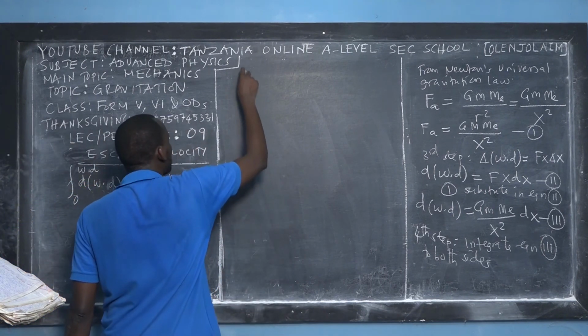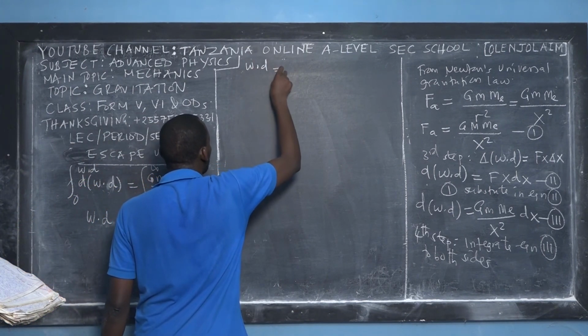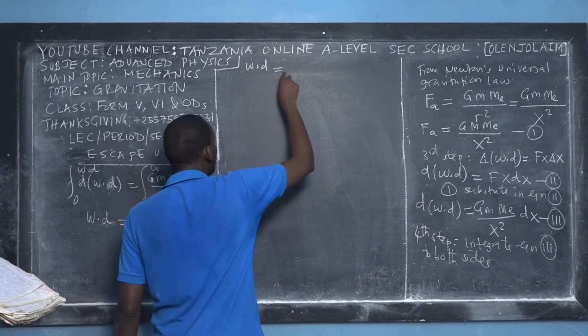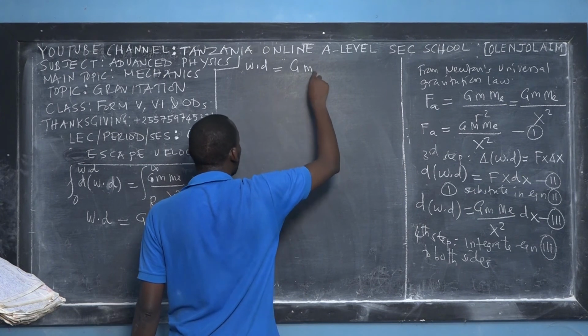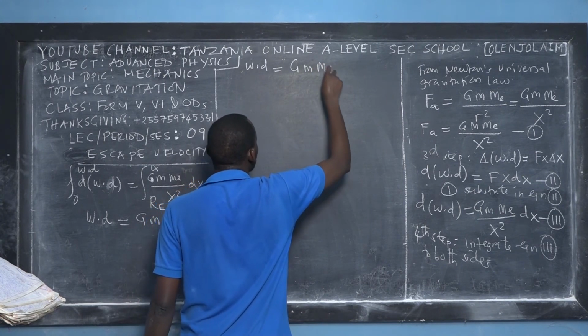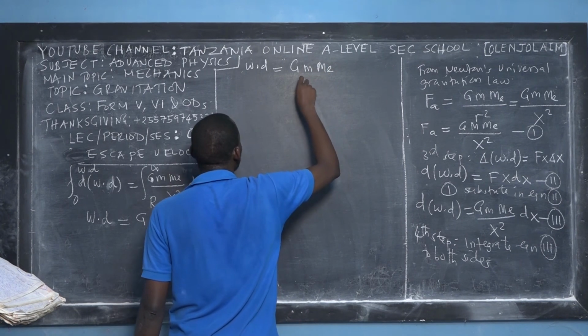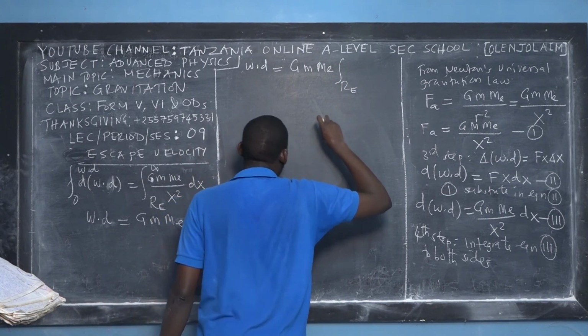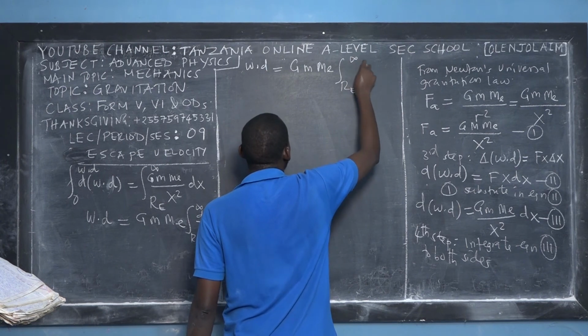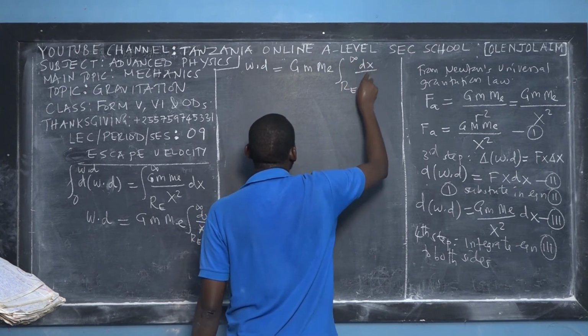So on the left-hand side we have the work done, which is equal to the gravitational constant, the mass of the body, the mass of the Earth, and then we integrate from RE to infinity dx over x squared.